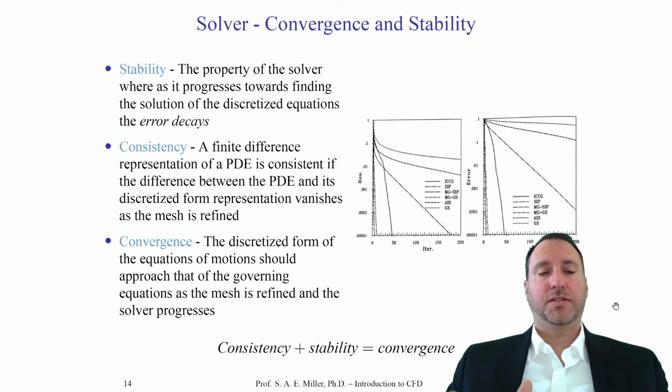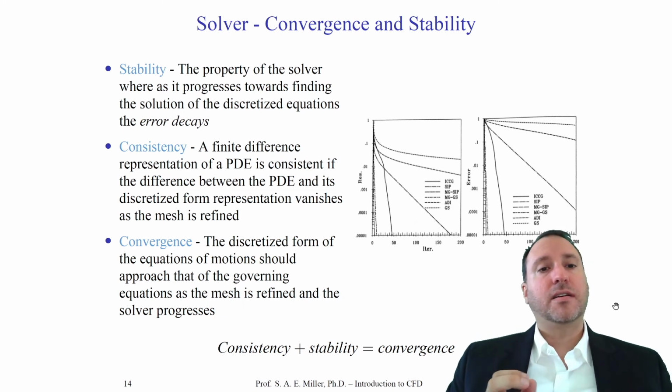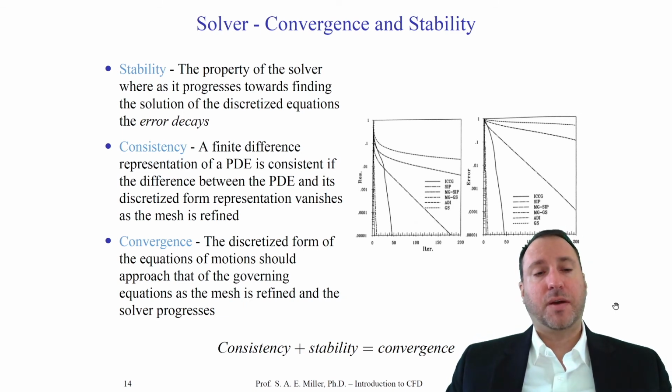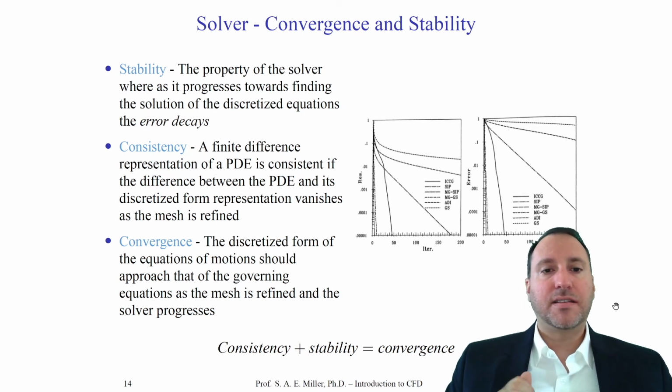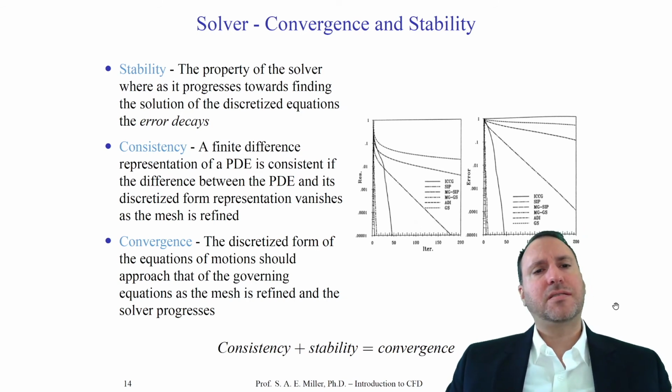The next definition is also important: consistency. If a finite difference representation of the partial differential equation is consistent, the difference between the PDE and its discretized form representation vanishes as the mesh is refined. So what does this mean?